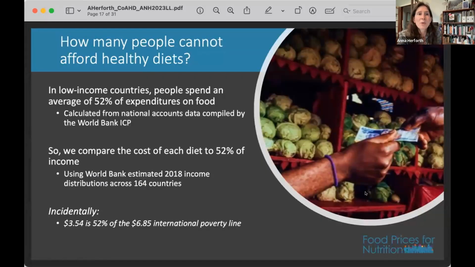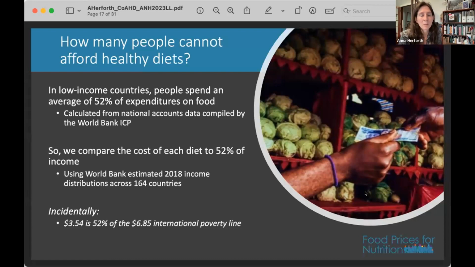Then if we turn to affordability and answer the question of how many people in the world or in different countries cannot afford healthy diets, we use average expenditures, share of expenditures on food. As I mentioned, in low-income countries, people tend to spend about half of their income on food, 52% based on national accounts data. And so we compare the cost of each diet to 52% of income.